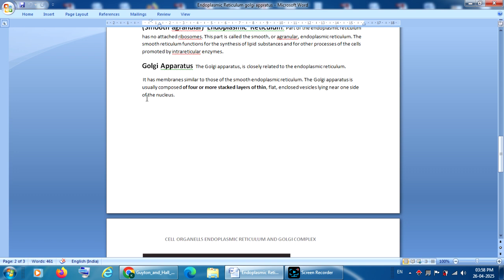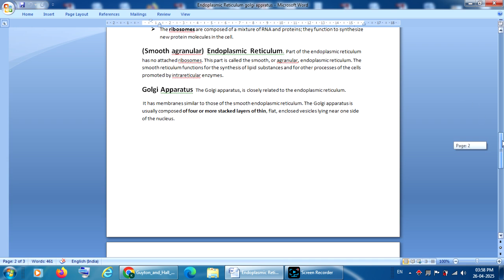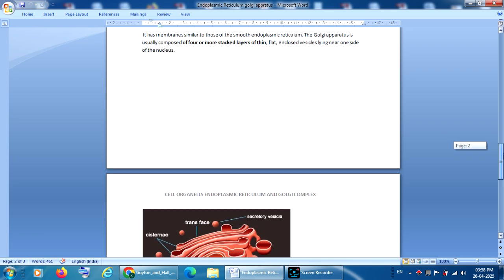The Golgi apparatus is usually composed of 4 or more stacked layers of thin, flat, enclosed vesicles lying near one side of the nucleus. Where is the Golgi apparatus present? It is present near one side of the nucleus. How is it formed? It is composed of 4 or more stacked layers of thin, flat, enclosed vesicles.